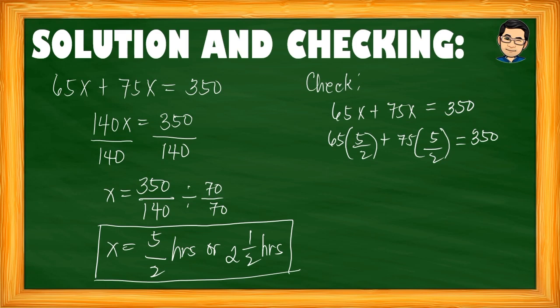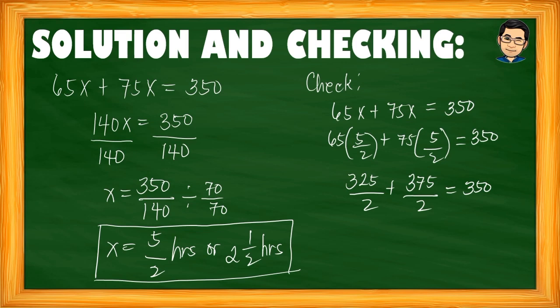So 65 times 5, that is 325 over 2 plus 75 times 5, that is 375 over 2 is equal to 350. So since similar fractions sila, kasi pareho yung denominator, just simply add the numerator.